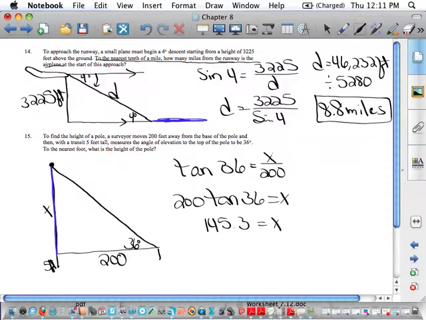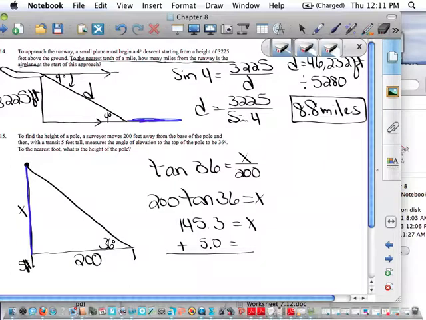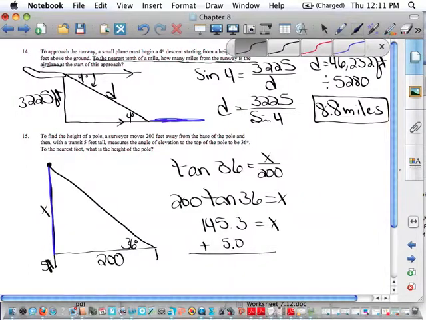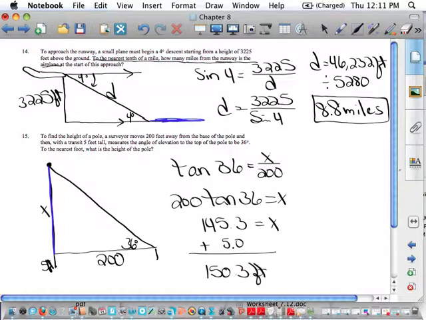But remember, we have to add that 5 feet because that's the amount that it is elevated by that transit. Therefore, 150.3 feet is the height of the pole.